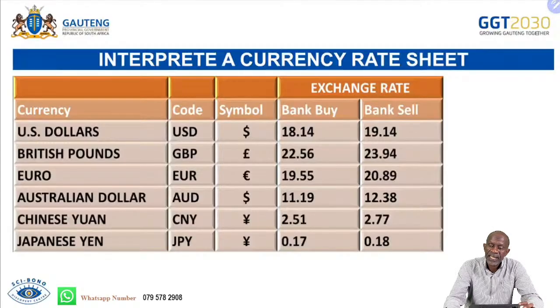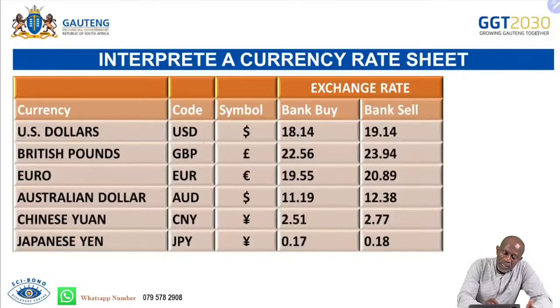So this is a template or an example of a currency rate sheet. As you can see, in the code we use a three-letter code for each currency. For the US dollar the code is USD. For the Great British Pound it is GBP.